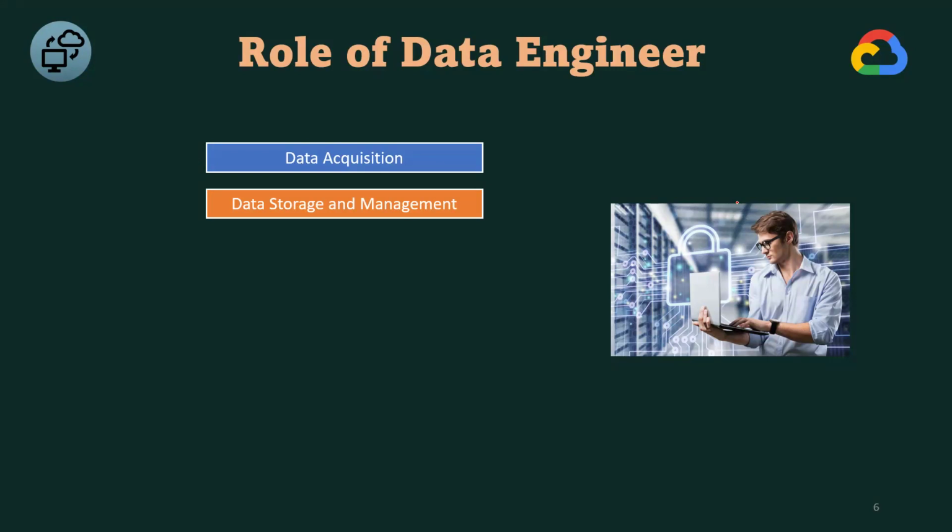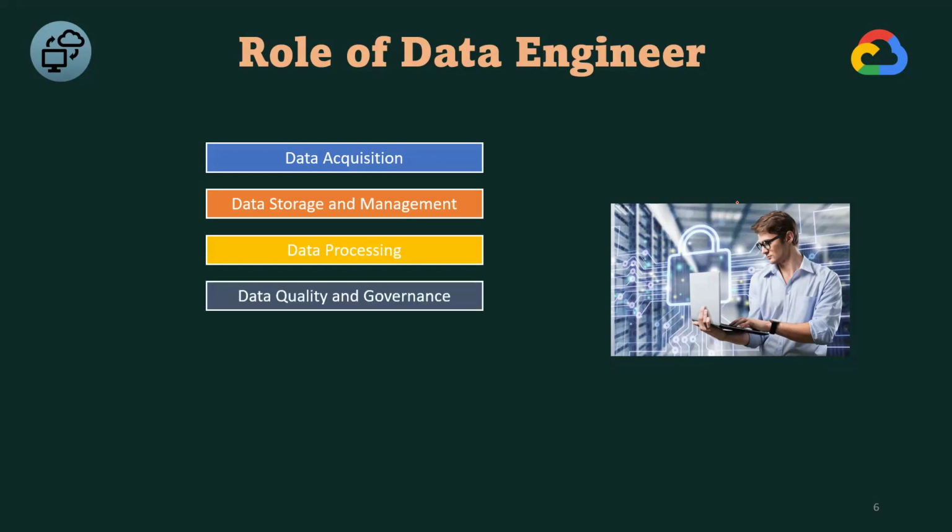That is nothing but data storage and management. And we should think about what processing tool, what processing framework we have to use, and how to analyze and process the data. Data quality and governance: ensure that the data is of quality throughout the system, and it is accurate and complete. So that comes under data governance.